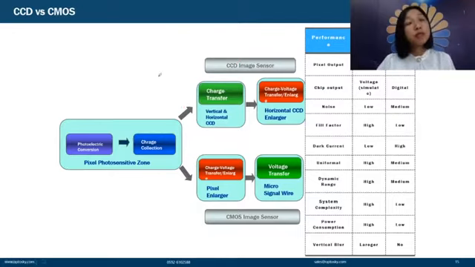After introducing the detector, it's necessary to compare the CCD and the CMOS, because some people usually ask what's the difference between CCD and CMOS. Actually, CCD and CMOS in the front sections are the same, like photoelectric conversion and charge collection. Both are the same.